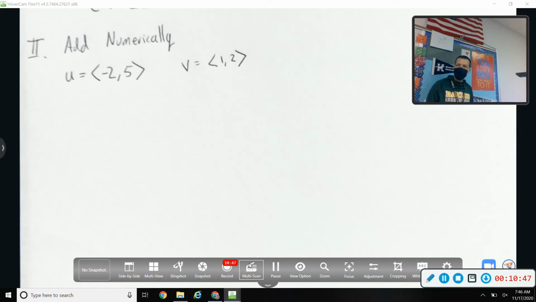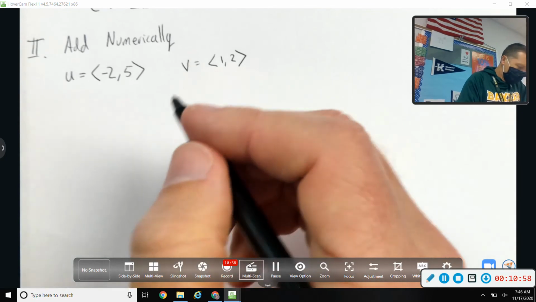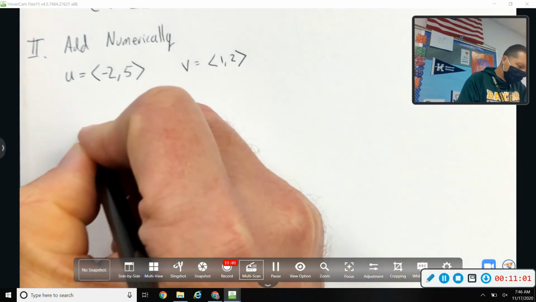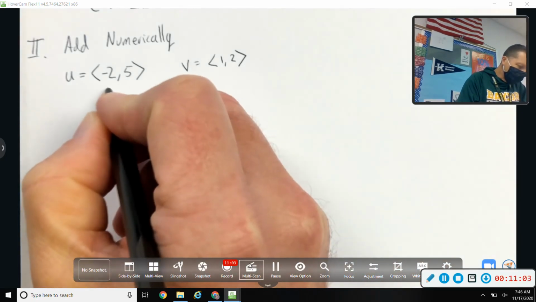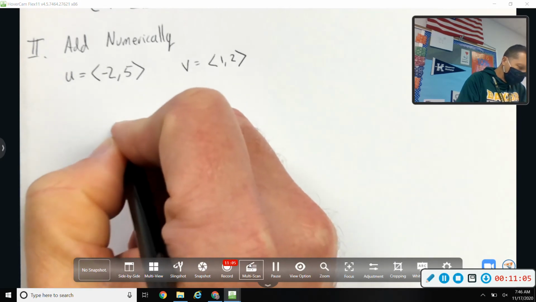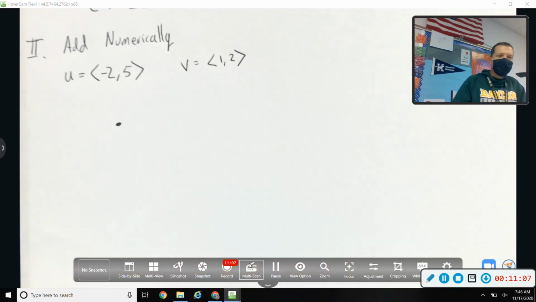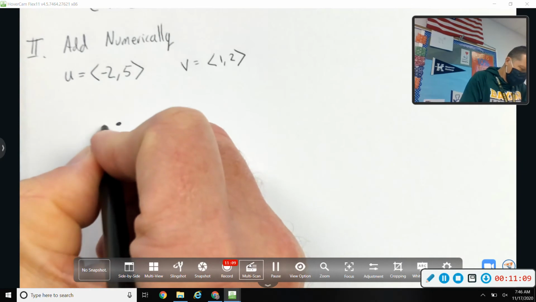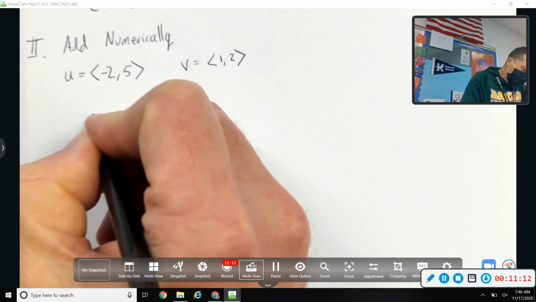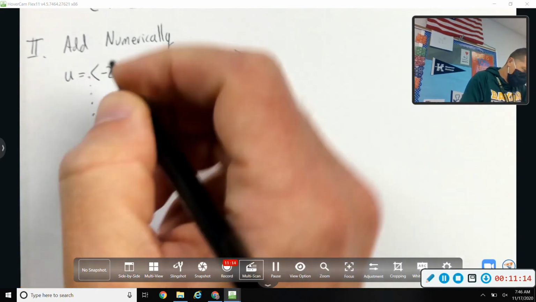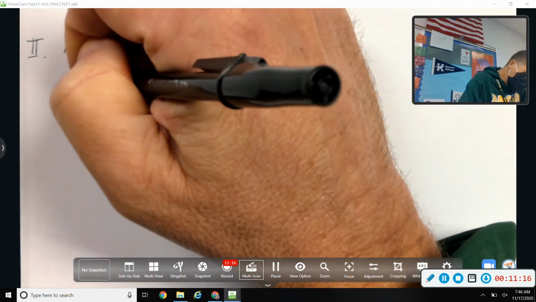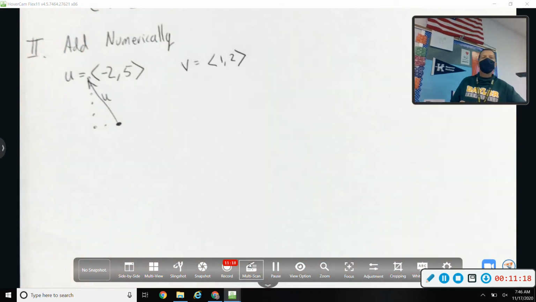Those are not ordered pairs, right? Those don't have the parentheses around them like ordered pairs. Those are directions. It's still x, y, but it's directions in the x, directions in the y. So if I wanted to graph vector u, I would go 2 to the left and 5 up. So vector u would look something like that.